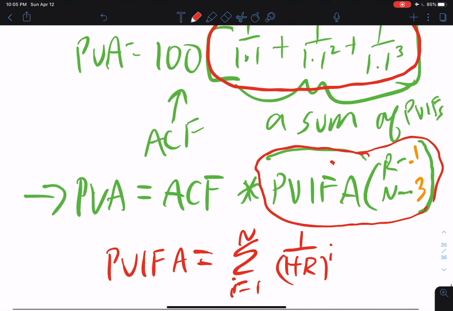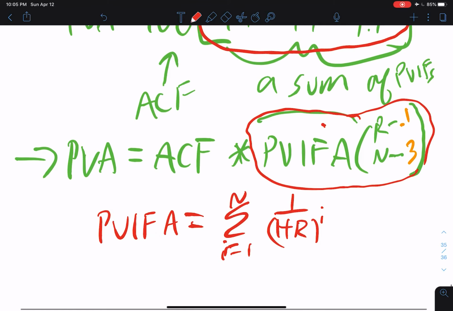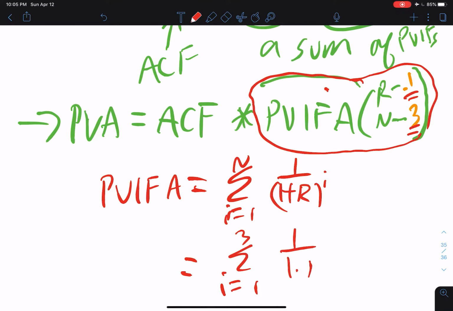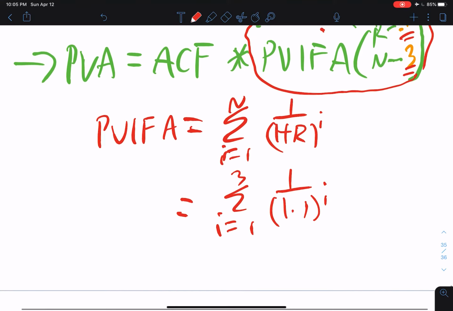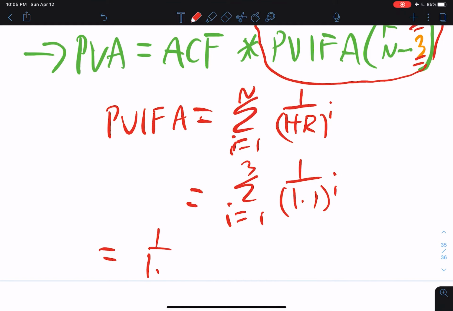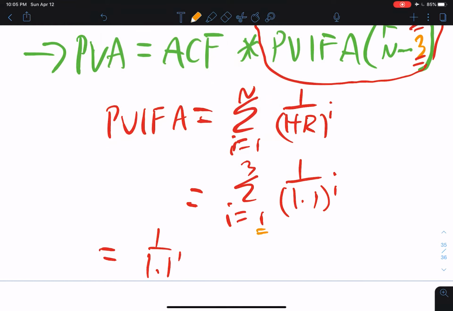If we expand the summation when we have r is 0.1 and n is 3, then this would become the sum for I equals 1 to 3 of 1 over 1.1 to the I, and of course that will be equal to 1 over 1.1 to the first power, because we start with I equal to 1.